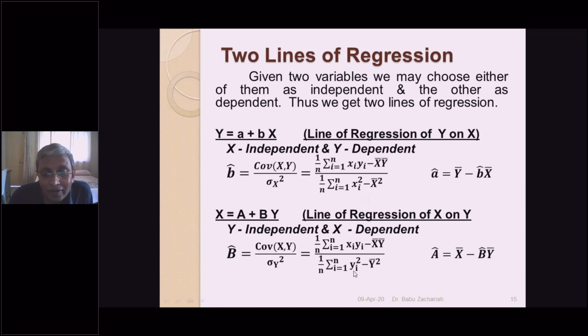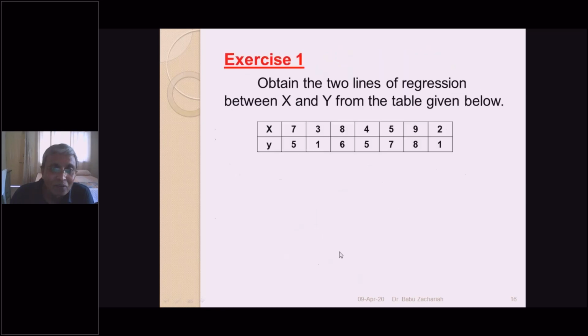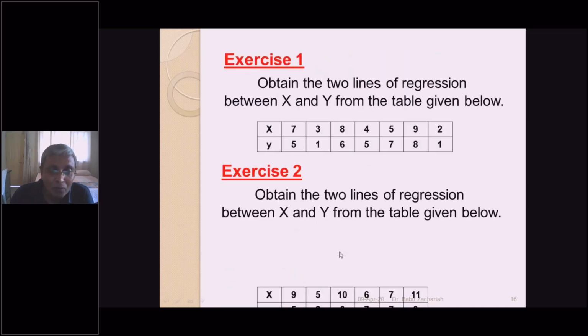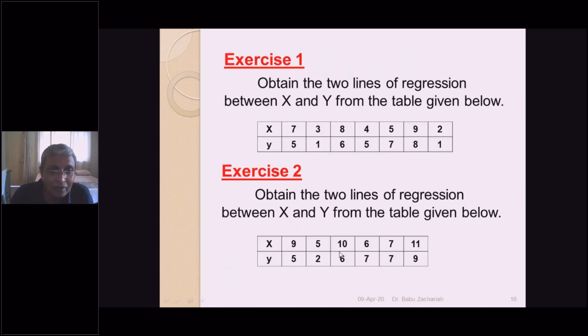So you have to get yi square column. So totally 5 columns should be there. One column for xi, second column for yi, third column for xi into yi, fourth column for xi square, fifth column for yi square. So that is what I am going to do for the second question here.